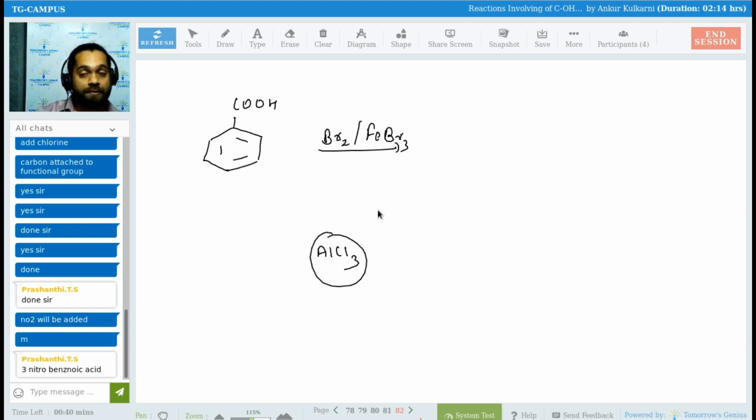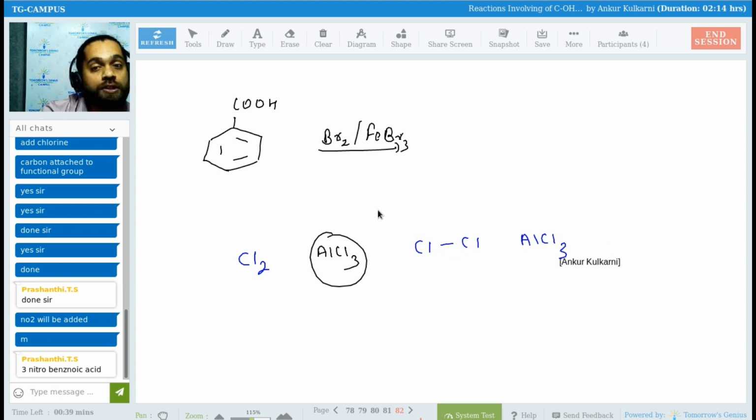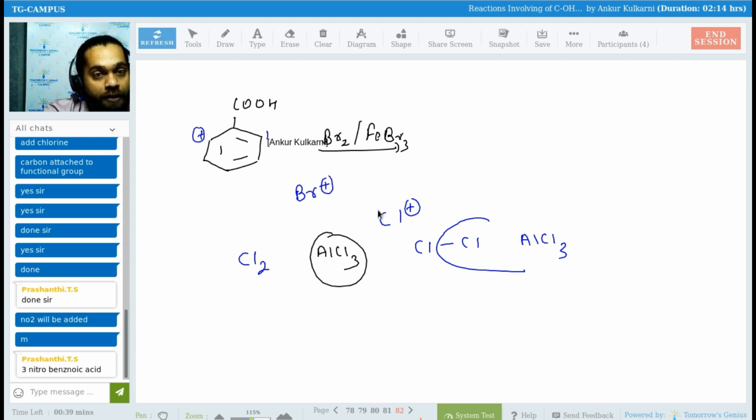Friedel-Crafts, yes, correct. In Friedel-Crafts, if I have Cl2, AlCl3 will take away Cl minus and leave behind Cl plus. The same thing will happen over here and you will be left with Br plus.